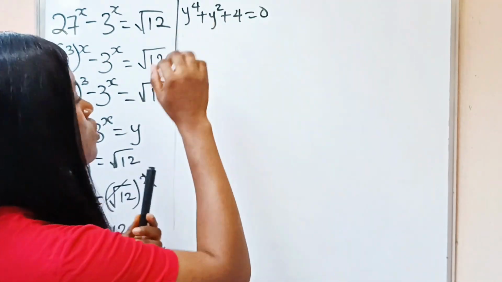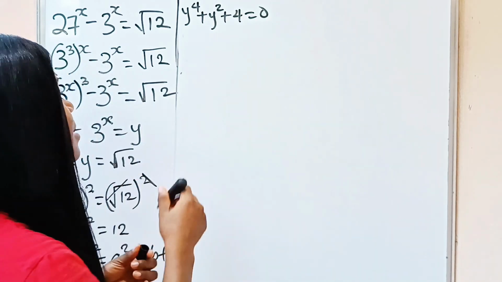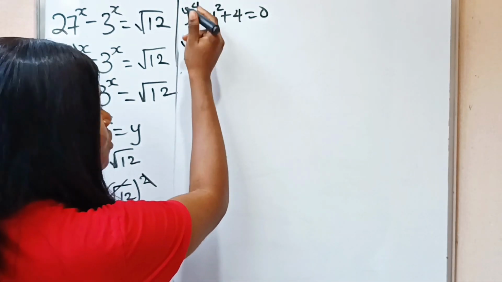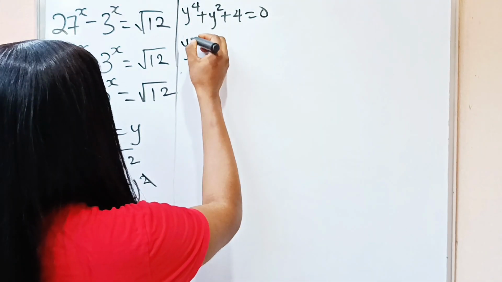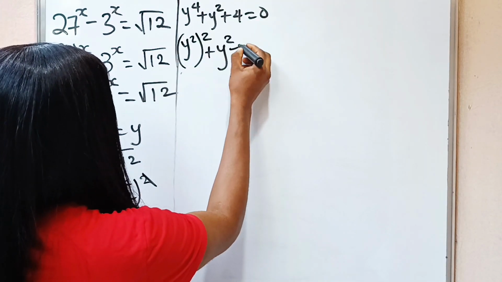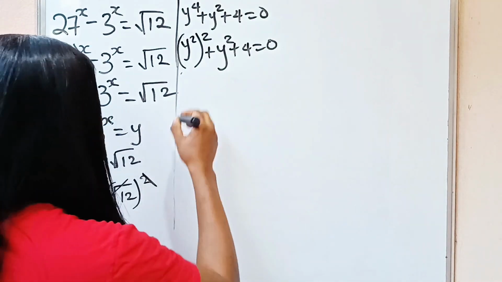Now from here we are going to use the quadratic formula. y to the power of 4 is the same thing as y squared raised to the power of 2, plus y squared plus 4 is equal to 0. Therefore what we are going to solve for is y squared.